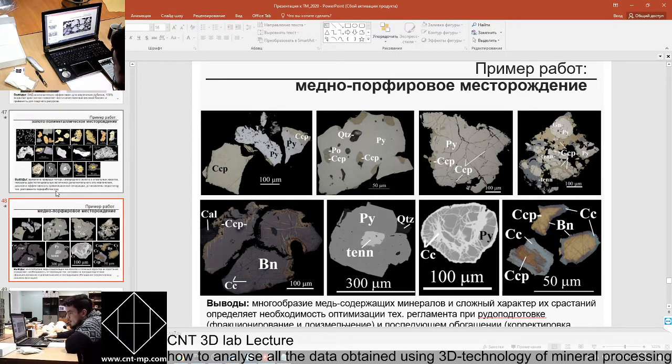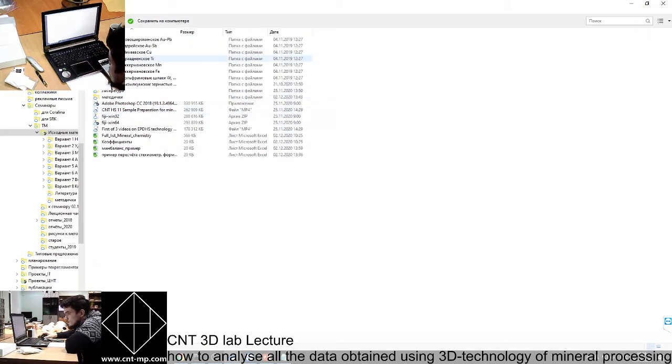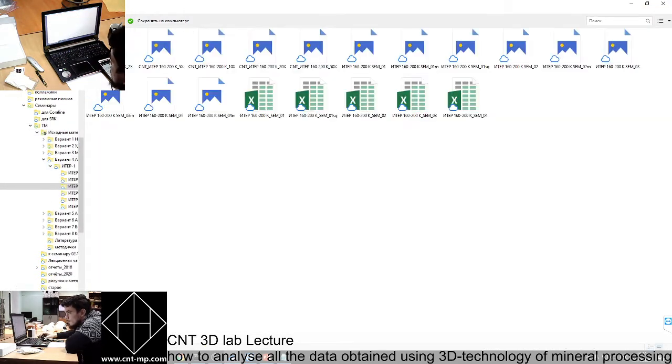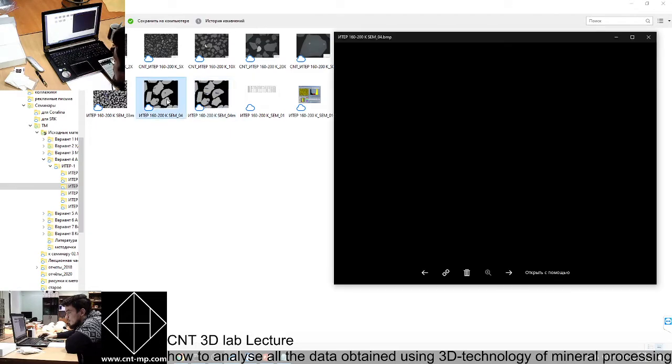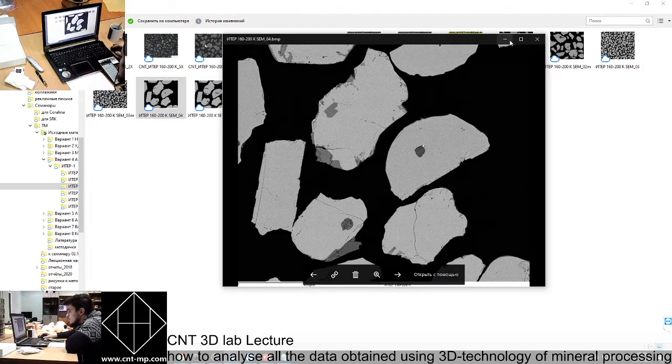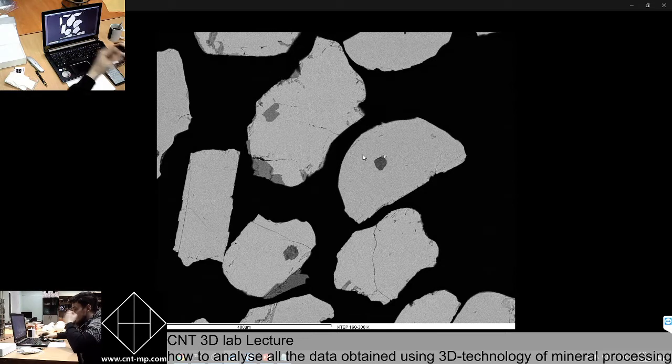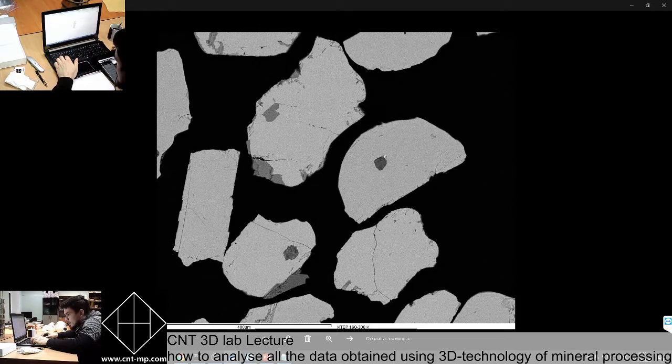What I mean, for example, we have that type of source image. As you can see, there are no signs of minerals we can observe, and also we have a very little scale bar here.